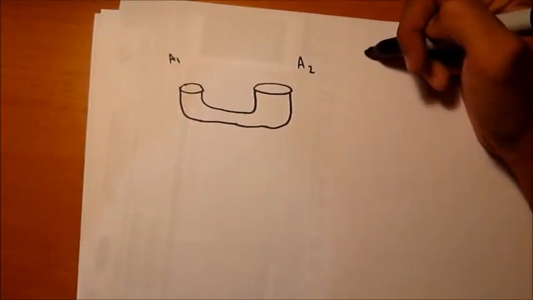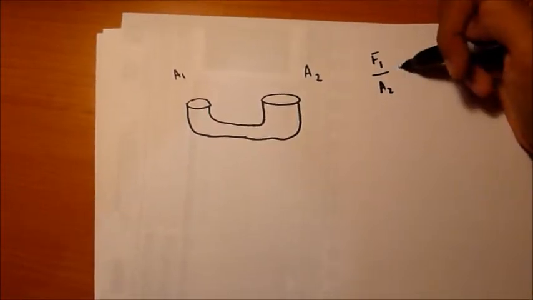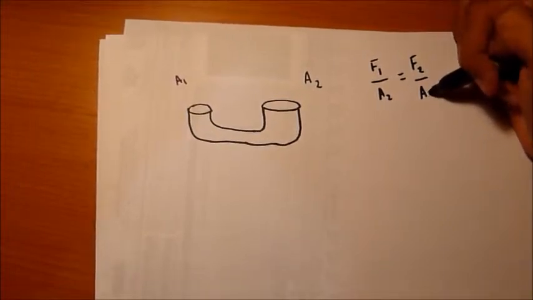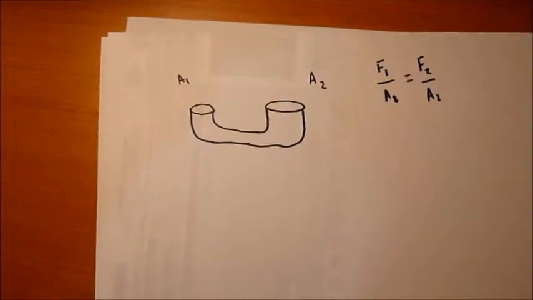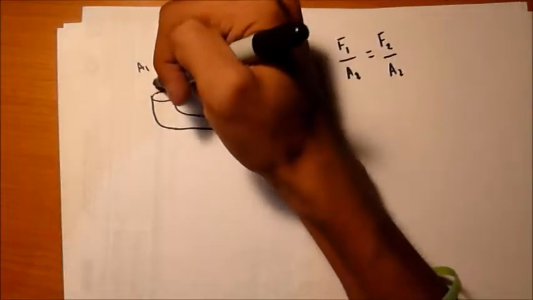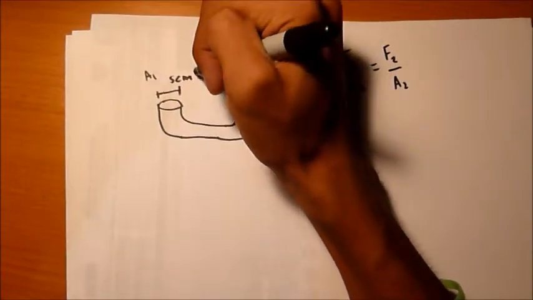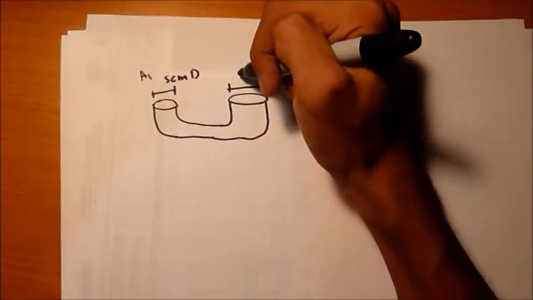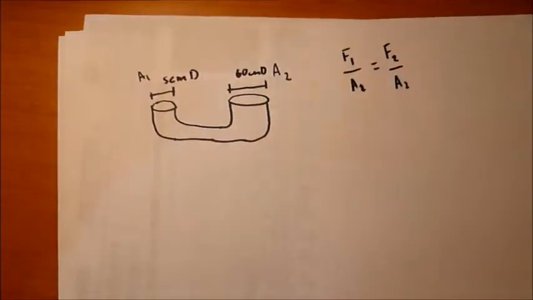As we know, our formula is force 1 over area 1 equals force 2 over area 2. Sorry, here's a little error. So let's suppose this has a 5 centimeter diameter, and this is a 60 centimeter diameter.